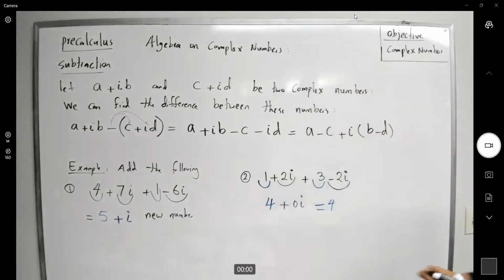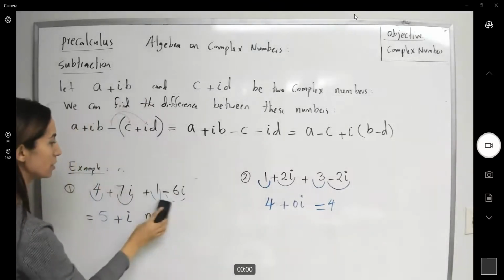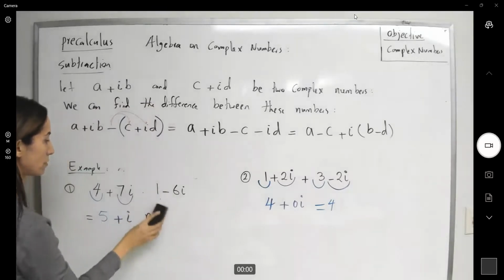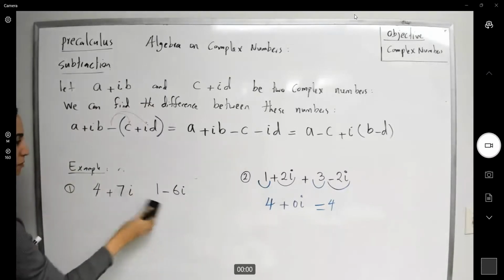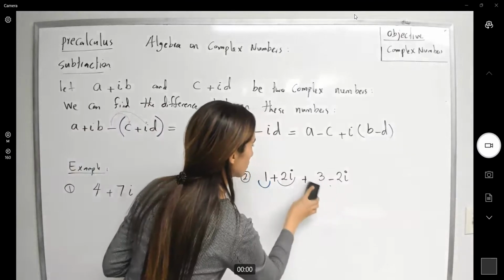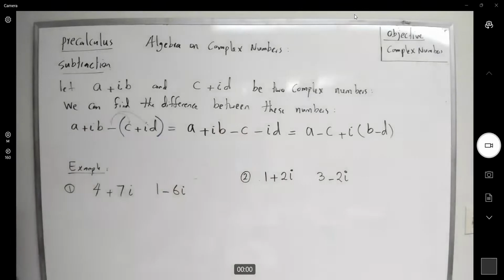Very good. So let's just subtract these. Find the difference between these complex numbers.